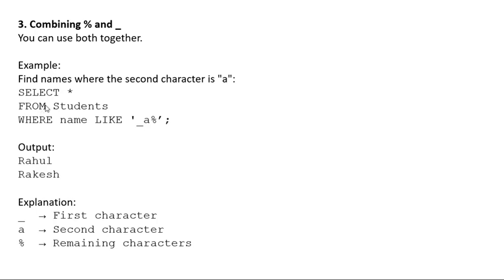SELECT * FROM student WHERE name LIKE '_a%'; The first character can be anything, the second character must be a, and after that any characters, one or multiple, can follow. The underscore is the first character, a is the second character, and the percentage is the remaining characters.